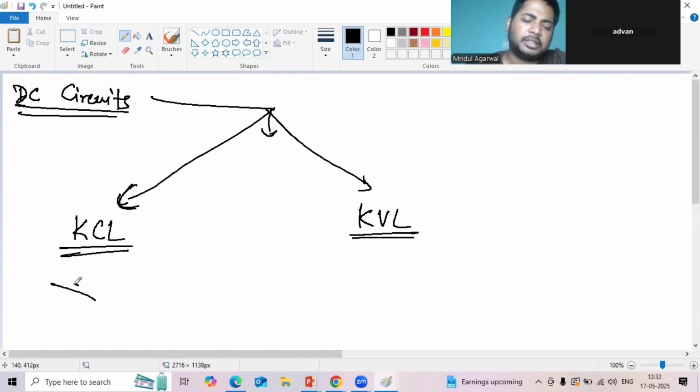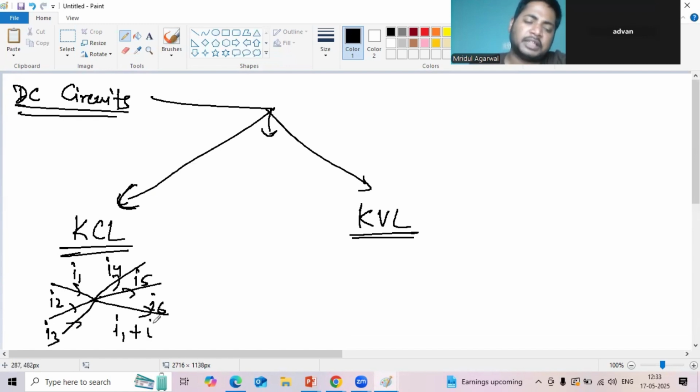KCL states that whatever current is entering the junction should exit out of the junction. So I1 plus I2 plus I3 must be equal to I4 plus I5 plus I6.